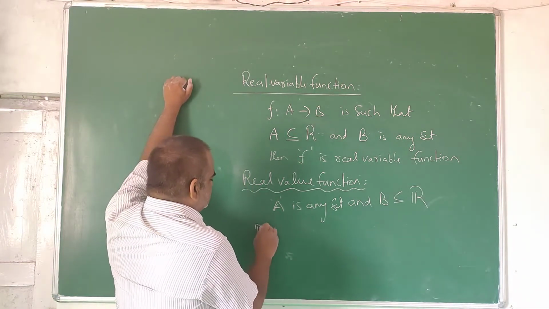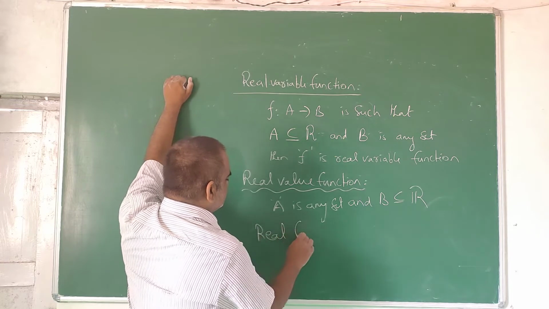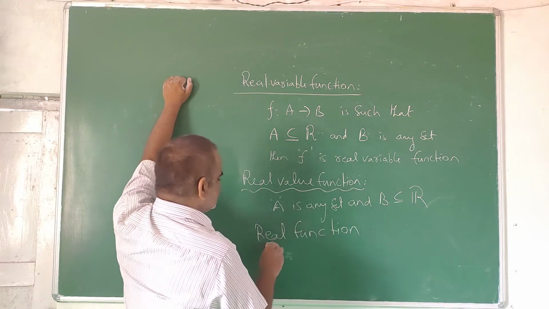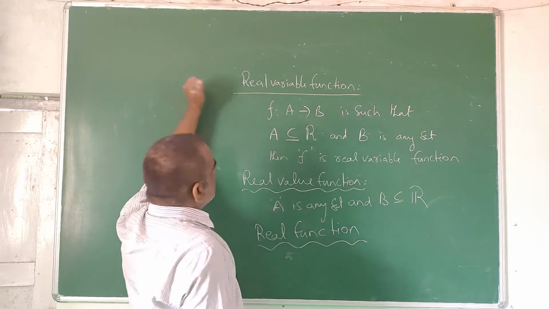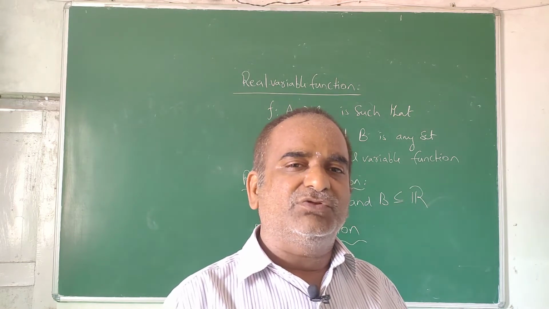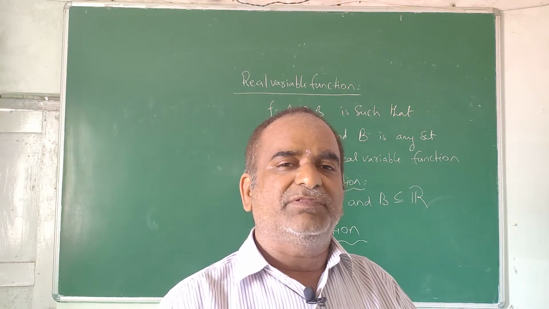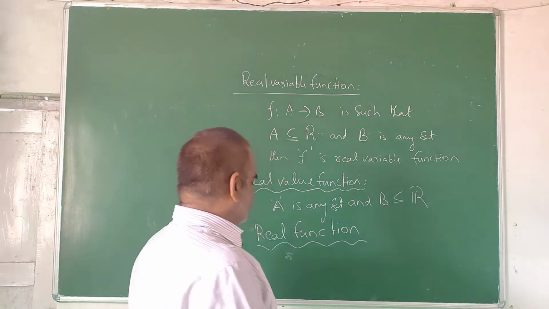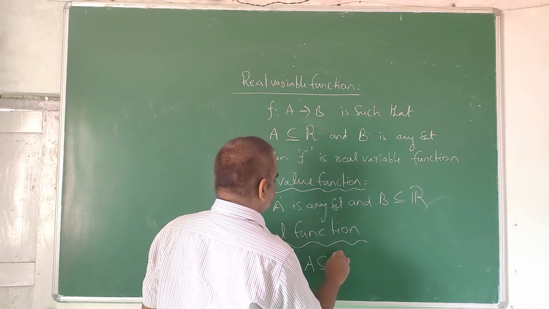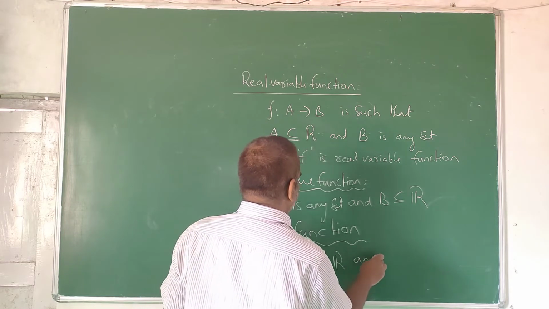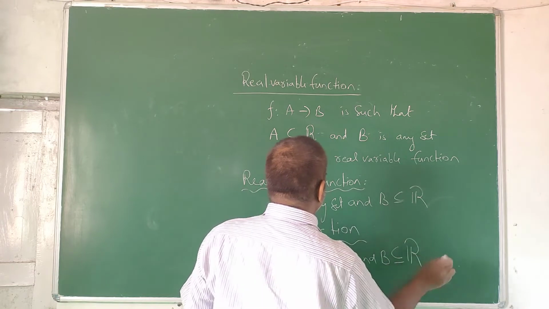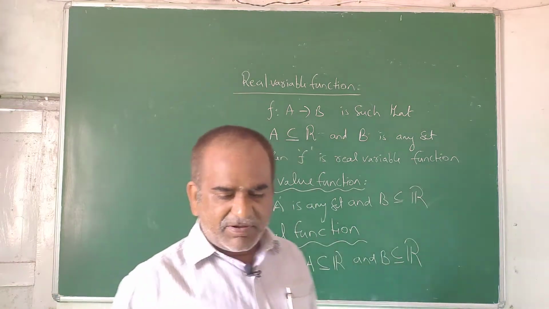And last, real function. f maps A to B is said to be a real function if both domain and codomain are subsets of R. So, if A is a subset of R and B is a subset of R, then it is called a real function.